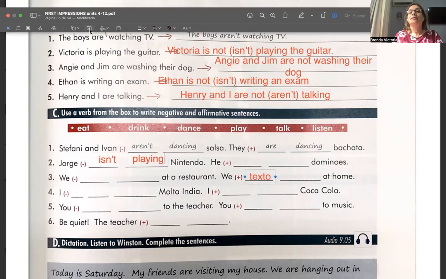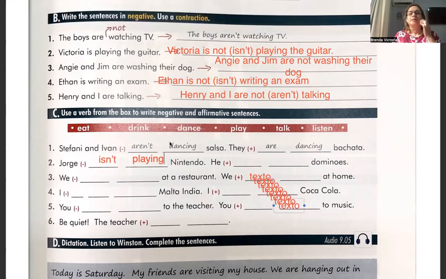Okay, one moment. Okay, and this one, it should be affirmative. And we have to write here, he is playing dominoes.